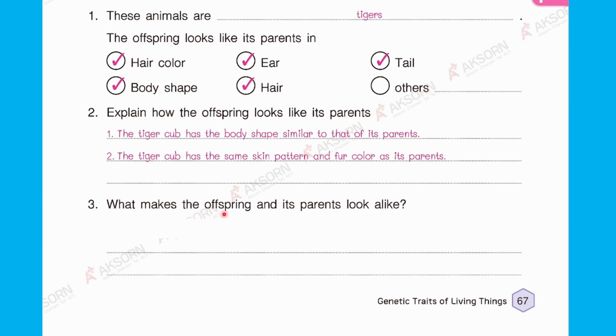What makes the offspring and its parents look alike? The offspring received genetic traits from its parents. So it's the genetics that make the offspring look like the parents.